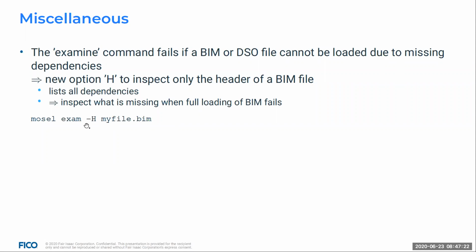So what exam -H allows me to do is to display just the header of the BIM file, in particular with the list of dependencies. So the other modules, the other libraries that this particular BIM file, be it a model or a package BIM file, relies on. Then I can check whether I have got these dependencies in my search path, in my Xpress installation or in a location pointed to by the MOSEL_DSO or MOSEL_BIM environment variables.